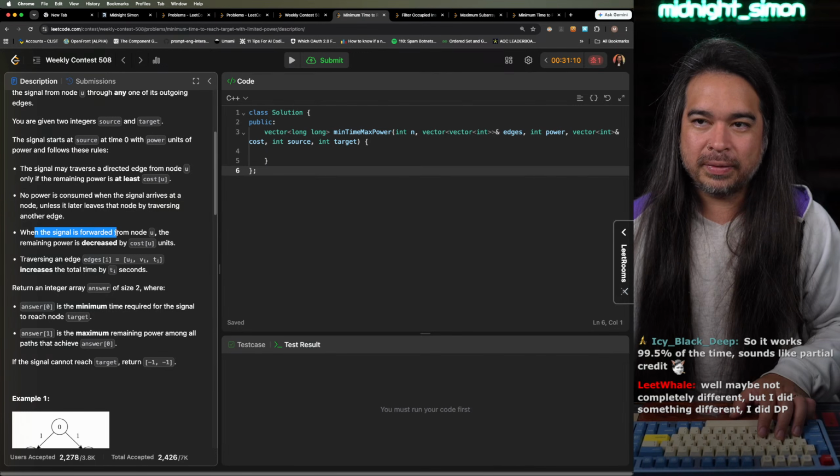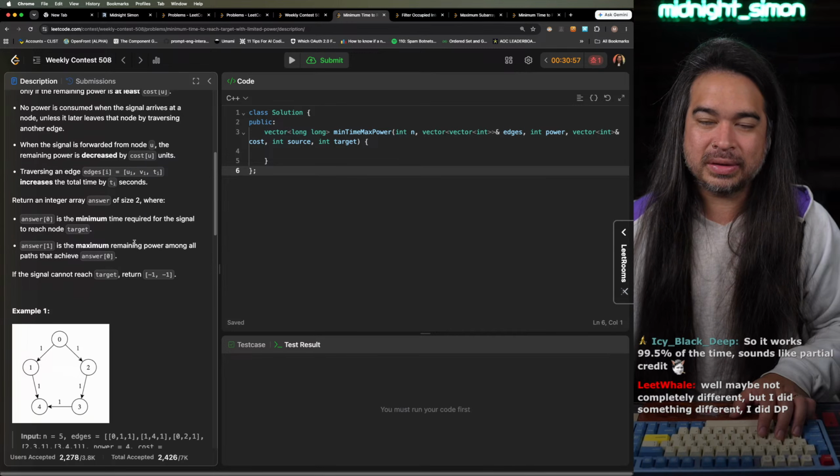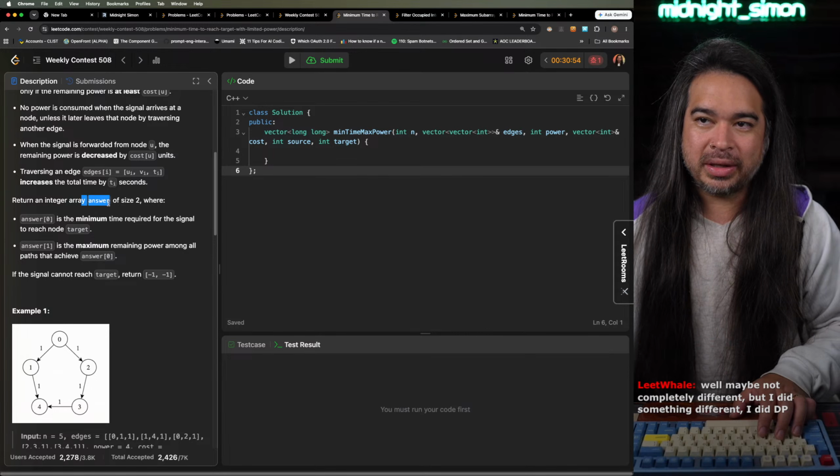When the signal is forwarded from node u, the remaining power is decreased by cost[u] units. Traversing an edge increases the total time by t seconds. Return an integer array answer of size 2, where answer[0] is the minimum time required for the signal to reach target, and answer[1] is the maximum remaining power among all paths that achieve answer[0].